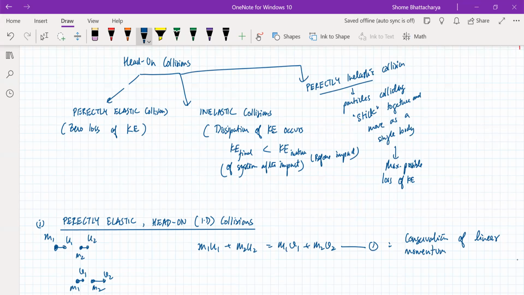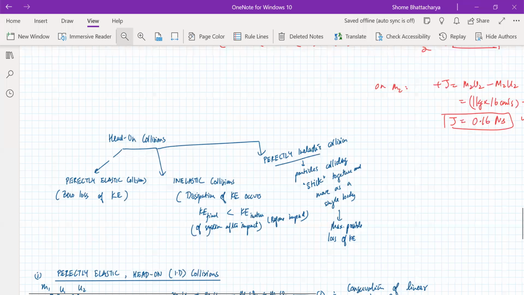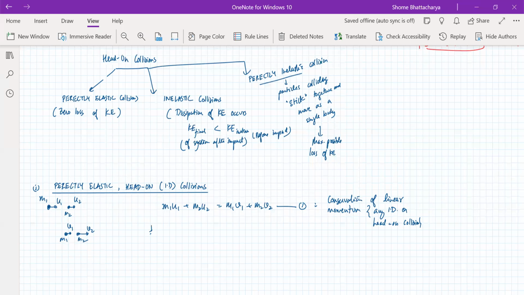This is coming from conservation of linear momentum. It is applicable to any 1D or head-on collision. Conservation of momentum applies to all collisions, and in any head-on collision it will be a scalar equation like this. But in addition, we also have the equation that the kinetic energy of particles 1 plus 2 before impact is equal to the kinetic energy of 1 plus 2 after impact.